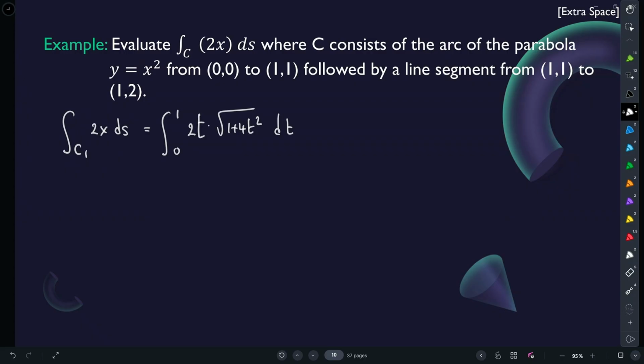Okay? And if you integrate this, this is going to be, again, a u substitution. I pick u to be 1 plus 4t squared. du is 8t dt, so I'm going to get a factor of 4 in there.